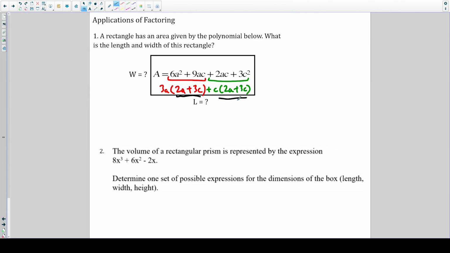This 2a plus 3c comes to the front, leaving us with 3a plus c as our second factor. So it doesn't really matter which one we call the length and width. Let's just call 2a plus 3c our length, and 3a plus c will be our width.